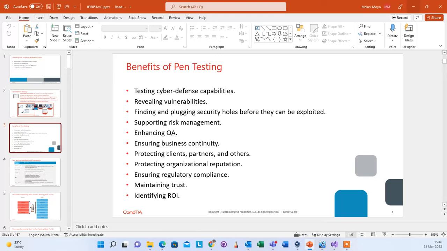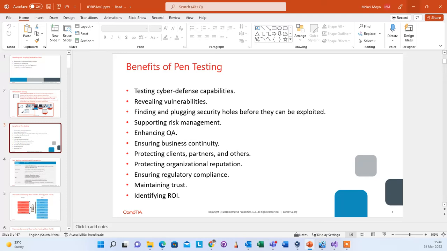Okay, and then the benefit of pen testing, again, is finding and plugging security holes before they can be exploited. It is very important for us to be the first ones to find any vulnerability within our system, because once we find it, we're going to be able to mitigate and correct that, right?